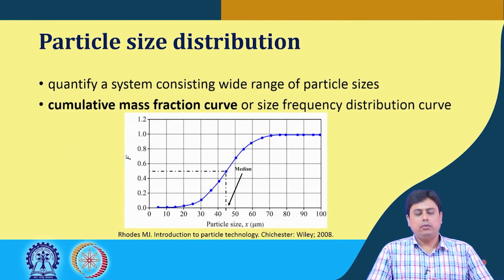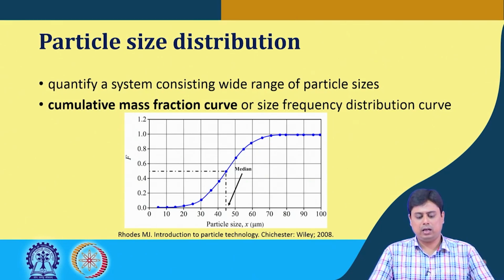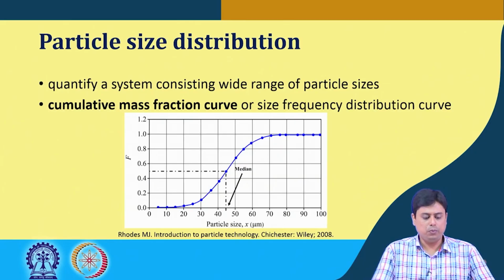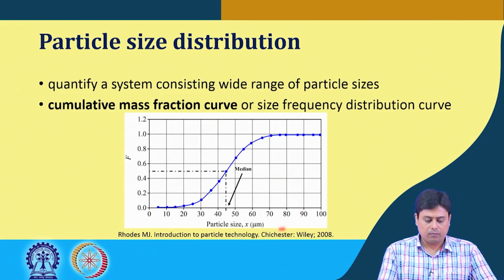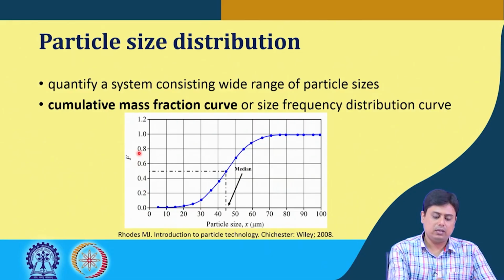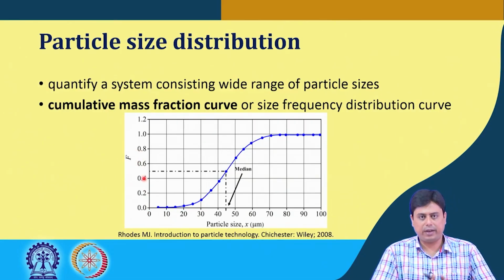A very simple way to represent that is what I have shown in this slide, by the frequency distribution or cumulative mass fraction curve. The x axis is the particle size and the y axis is the cumulative mass fraction.